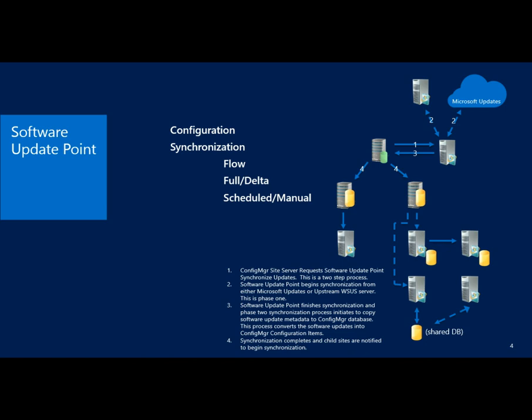So I have, in this example, 2 software update points, and you notice each one has a unique database. So in a site, whenever you have more than one software update point, one of them is going to take the primary role, the lead role, at that site, and be the initial one that gets the software update synced down to it.